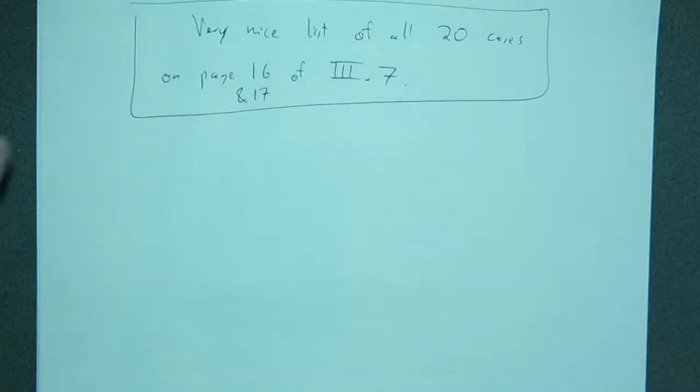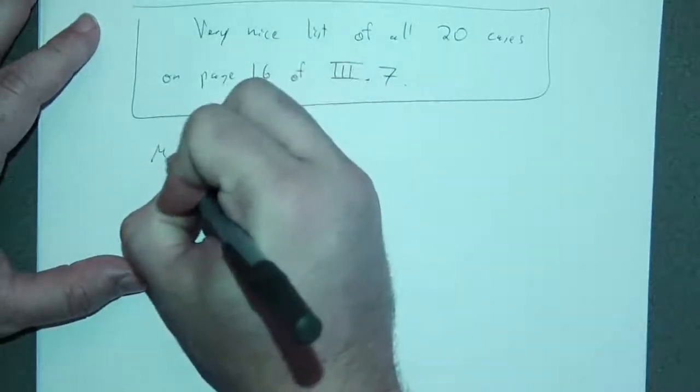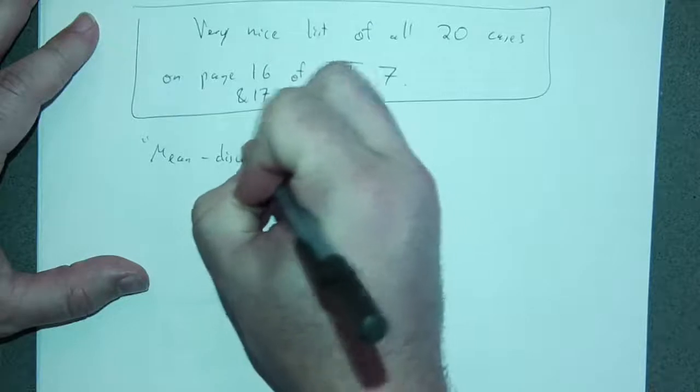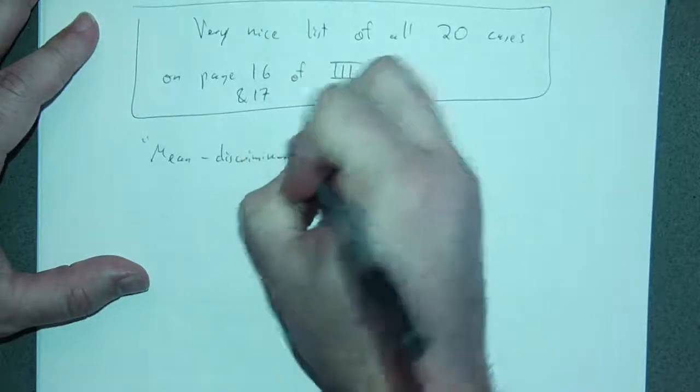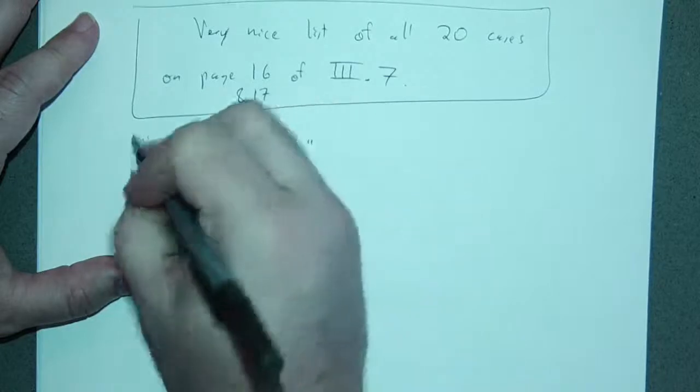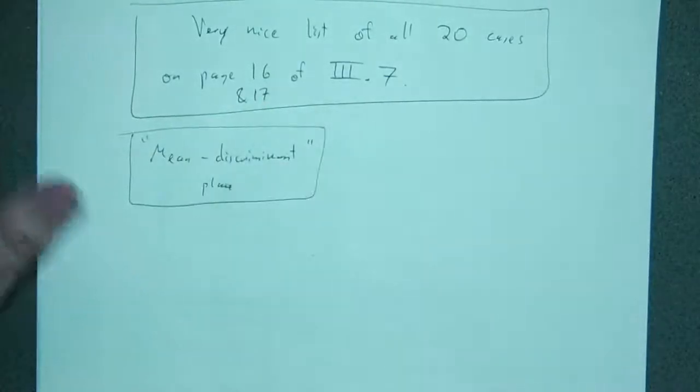There's also mentioned in this section the mean discriminant plane. I'm not going to spend any time on it. So the mean discriminant plane, this is something that is done on the very next page, on page 18.